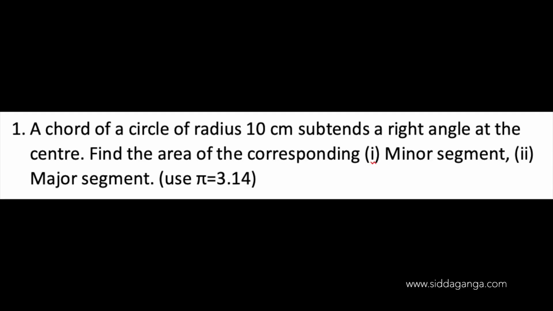The length is a chord of a circle of radius 10 centimeter that subtends a right angle at the center. Find the area of the corresponding minor segment, and second, the major sector.